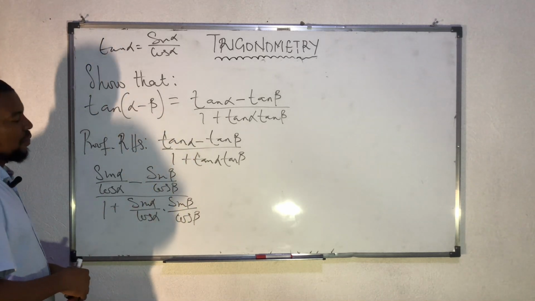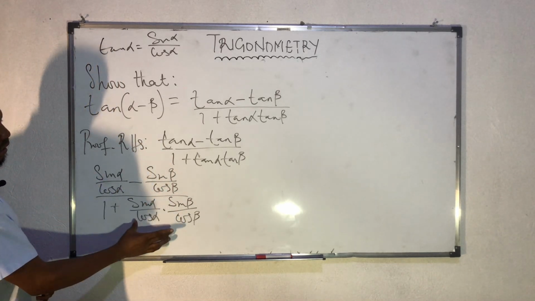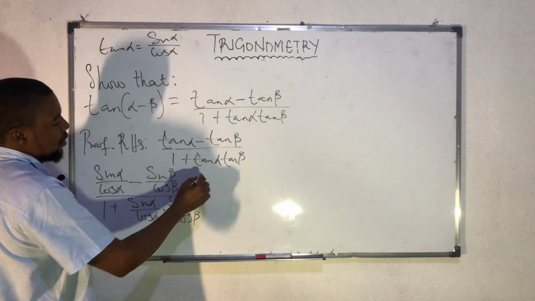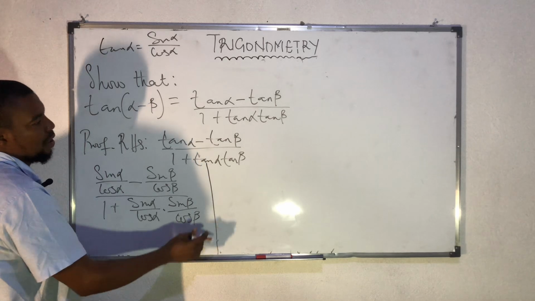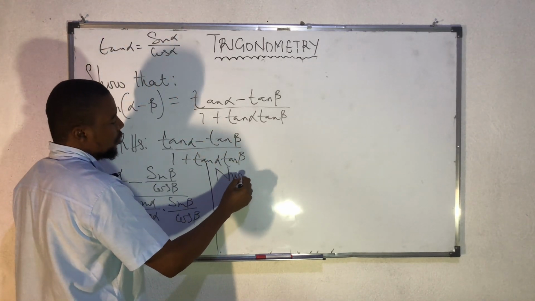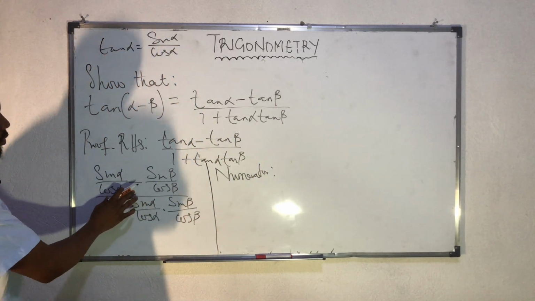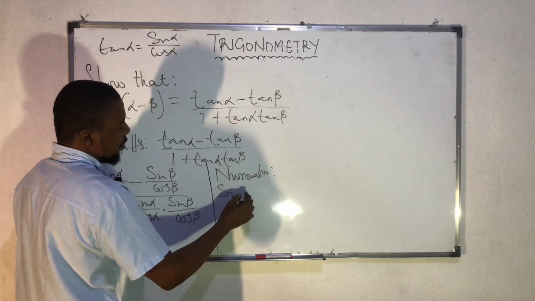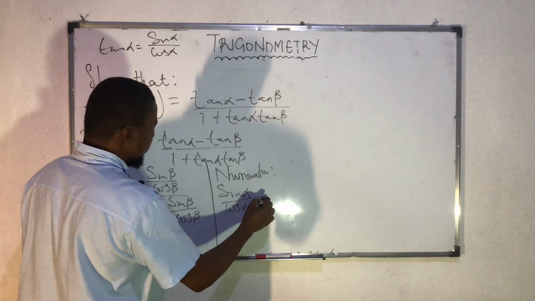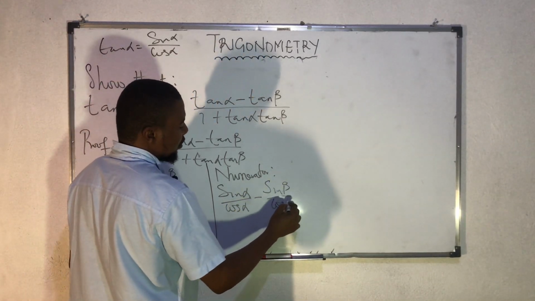Now, just like we did for the first one, let's combine this into a single fraction and this as well into a single fraction. And how do we do that? I'm going to draw a small line here so that we can use a space. And here we have the numerator. This is going to be sine alpha over cos alpha minus sine beta over cos beta.